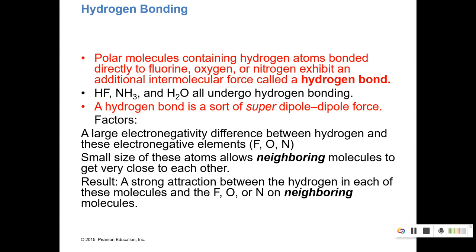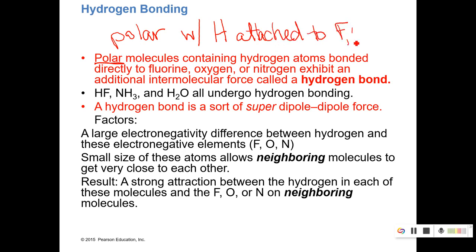Next, strongest one is hydrogen bonding. Now, hydrogen bonding is still a type of intermolecular force, which means it is not a true bond. It is an attraction to other molecules of the same type of intermolecular force. Also, to be hydrogen bonding, they have to be polar, with H, and H has to be attached to F, O, or N. Any of those.